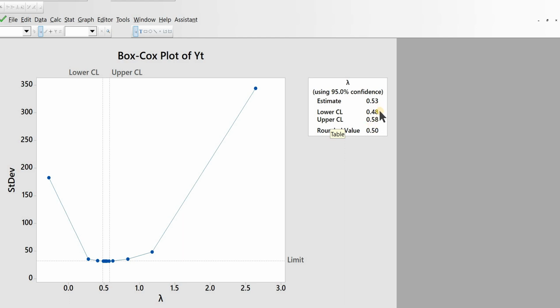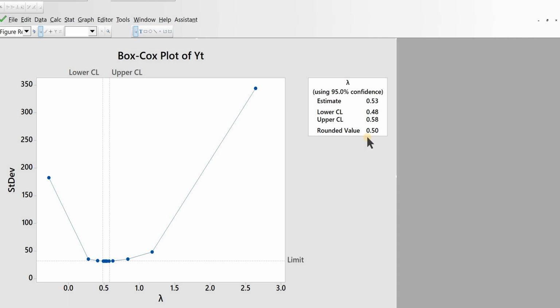So here it is 0.48 and 0.58, means that 1 is not included in the interval, and then the rounded value for the lambda is 0.5. So this suggests that the variance is not constant, so it is consistent with what we can interpret from the time series plot previously.